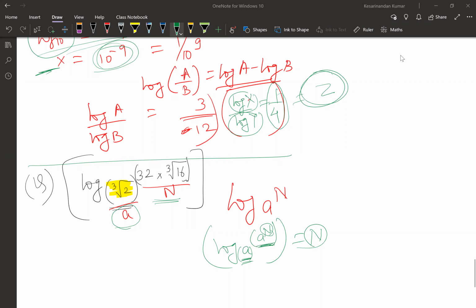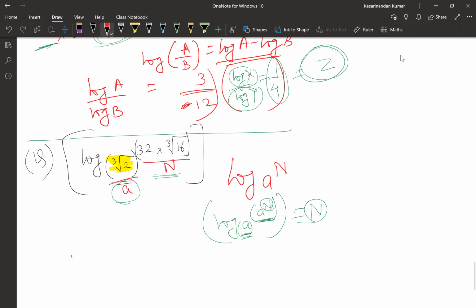All right, guys, I'll pick it up then. So the base is this. Now let's try to express the index in the same thing. So 32 is 2 raised to 5, or I can also express it as 2 raised to 15 by 3.